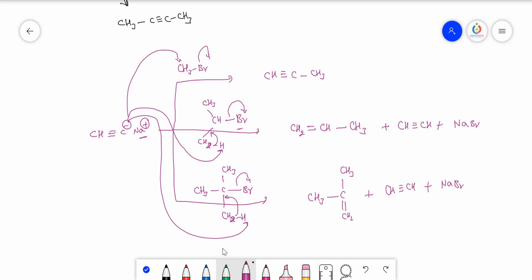So let's try to know the reason behind this type of attack. In this case, the halogen-bearing carbon atom is more polarized, because here only one carbon atom is there. Even if you add one more carbon atom on this side, the carbon-halogen bond is more polarized than in these cases.